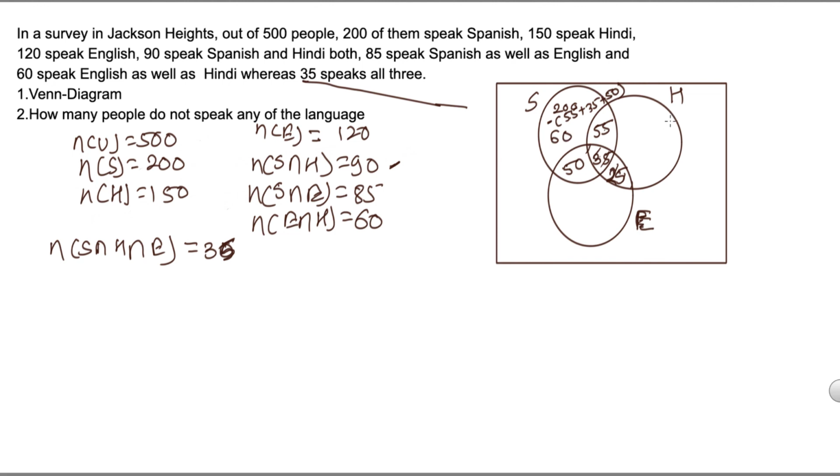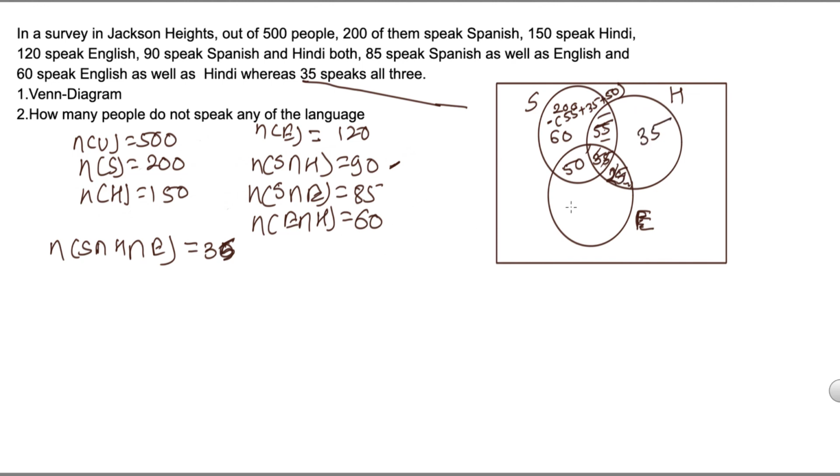Similarly, number of H is 150. If we subtract this area and this area, we get the remaining area. So this area will be 150 minus 55 minus 35 minus 25, which will be 35.